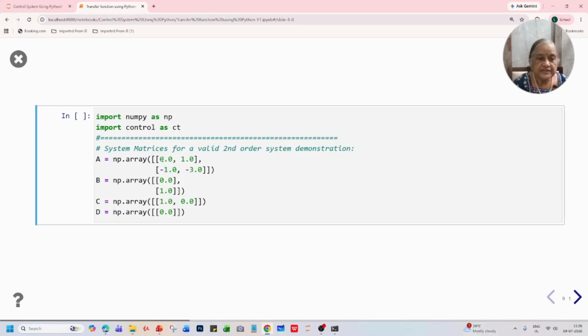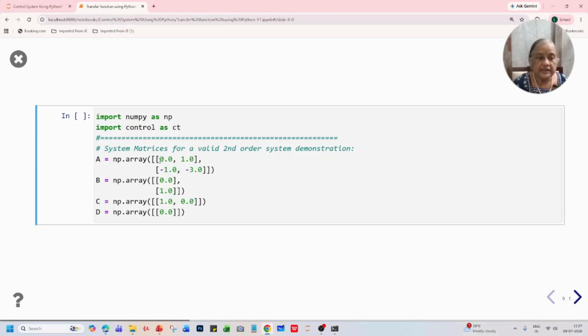So here the first row is 0, 1. This array represents the first row of the matrix A, and the comma indicates that we are moving to the second row, which is again an array with minus 1 and minus 3. This is passed within the curved bracket, and before that the overall square bracket indicates that within these outer square brackets we have the arrays representing each row. So within np.array's curved bracket, we pass these row arrays within this outer square bracket.